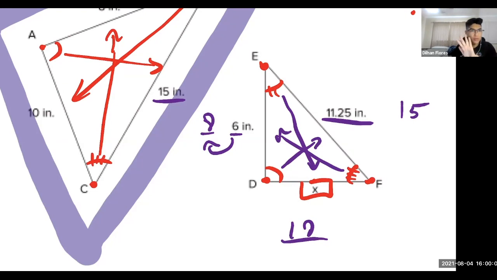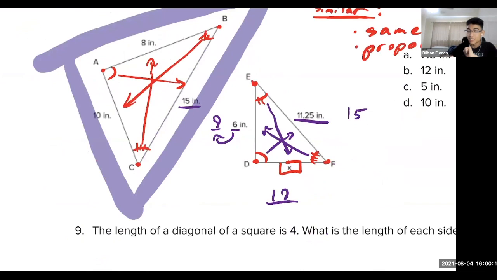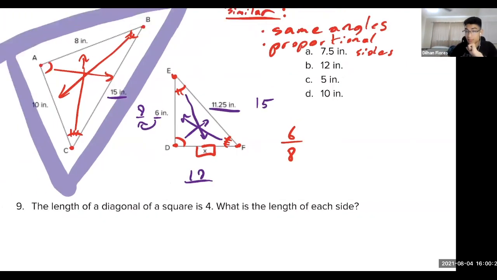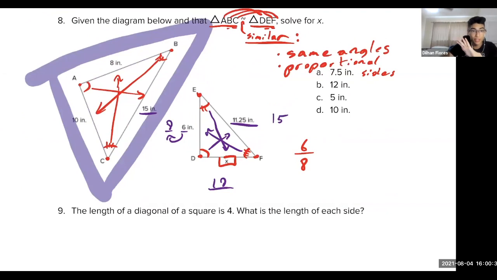Actually, we don't need to do that. I'm overcomplicating it. Let's make a proportion. We have corresponding sides. We have 6 for the small triangle, and that corresponds to an 8 in the big triangle. Have I lost anyone? Does that make sense, that the 6 corresponds to the 8? Put a C in the chat for corresponds.